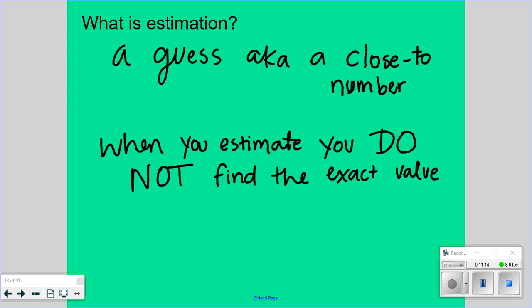And we're going to do a practice in just a second. But when you see something that says, hey, estimate, you really just want to get a close to number. It's actually one of my favorite math things because it's one of the easiest maths you'll do. You get to use easy numbers to add and subtract with. And you just got to get a close to number. You don't have to get the exact number.